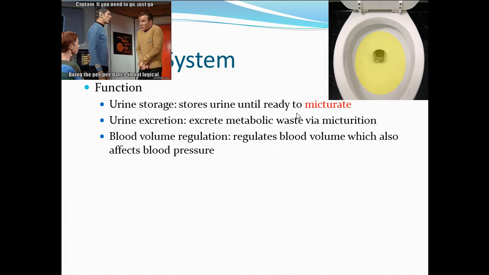When we retain water in our kidneys, we're reabsorbing the water to prevent it from being urinated out, so our blood volume will also increase. If we're urinating it out, our blood volume will decrease because we're losing water. Does that make sense?